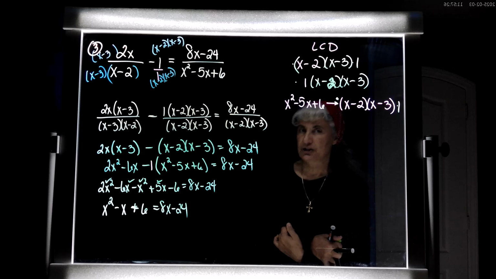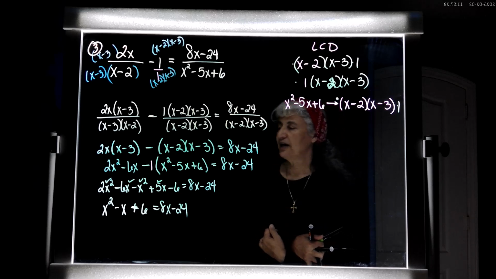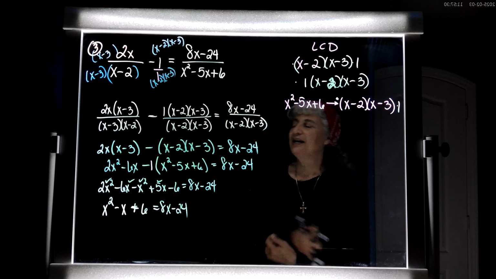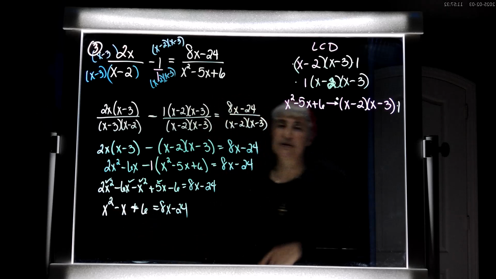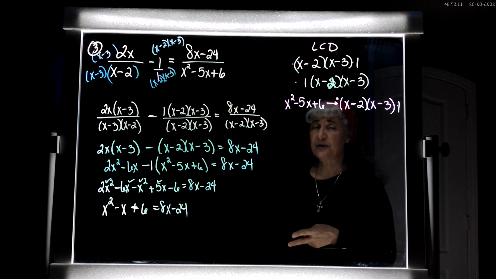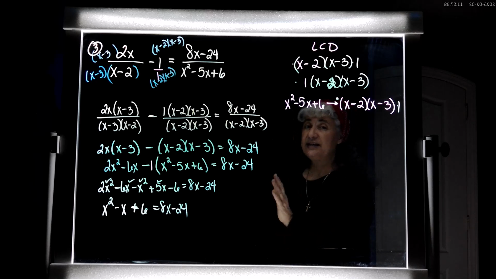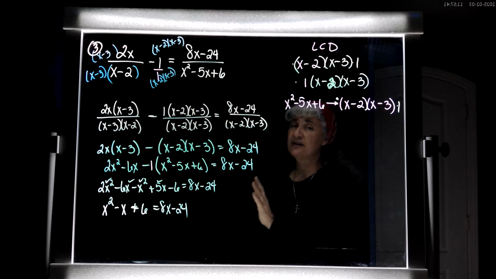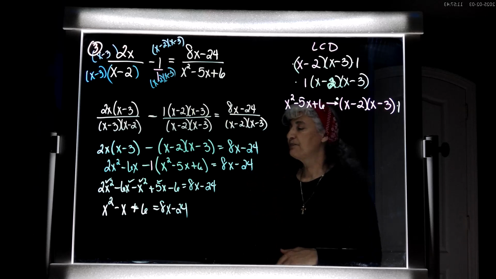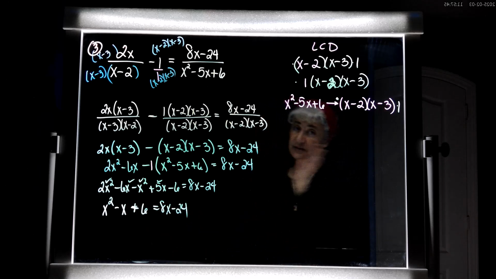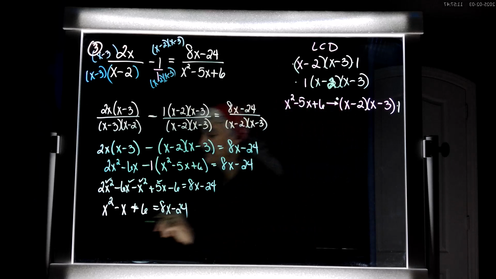How are we doing? So far, so good? Okay, now what? Yeah, the x squared tells me I'm either going to have to factor or use the quadratic formula, which means you've got to make it equal to 0, right? Which means you got to move everything over, yes? Okay. There's no x squared to move over, so you know that x squared is staying.